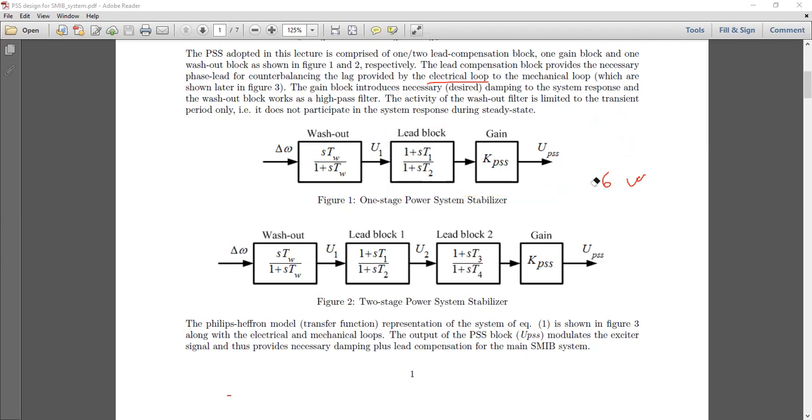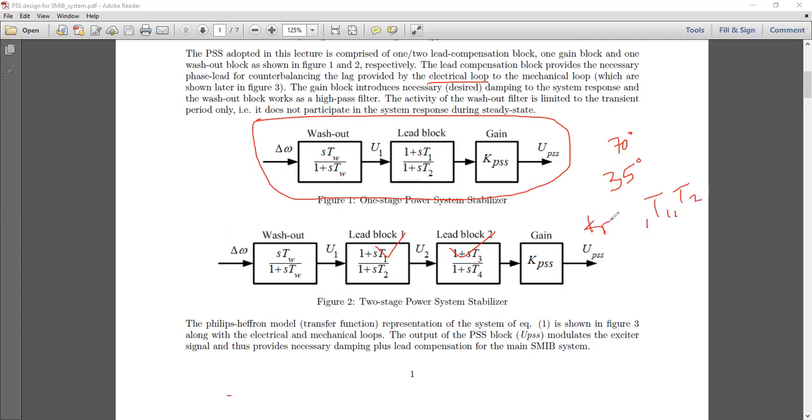However, you can use two identical blocks. You can design a single block, and then say, well, I designed it. So if your lag is 70 degree, the first decision is that you have to use two blocks. That's fine. But what you can do is simply make it a 35 degree lag, and design a single stage power system stabilizer. By designing, you get the values of KPSS, T1 and T2, and that is done for the single block.